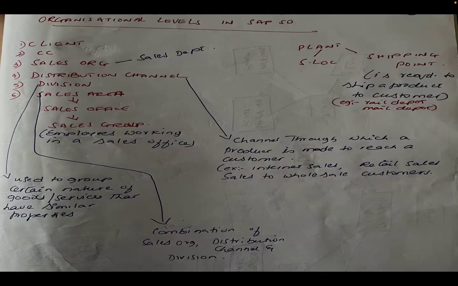That's the distribution channel. Then if I talk about the division, now suppose if we talk about Apple as an organization, they have varied range of products. Like they have MacBook, they have an iPad, they have an iPhone. So each one of the product lines is defined as a division in the system.